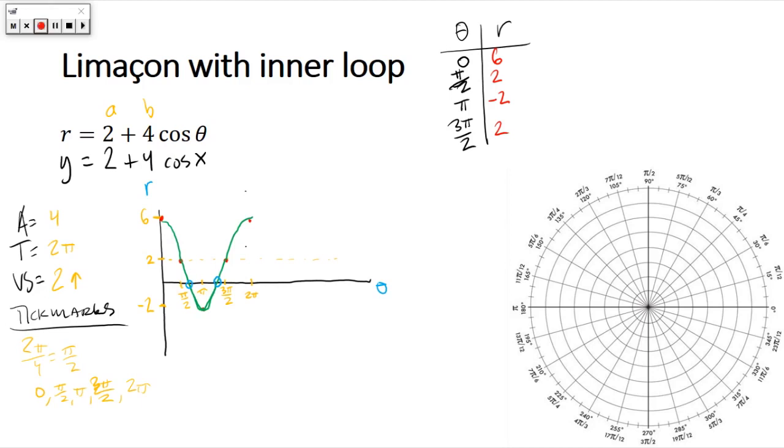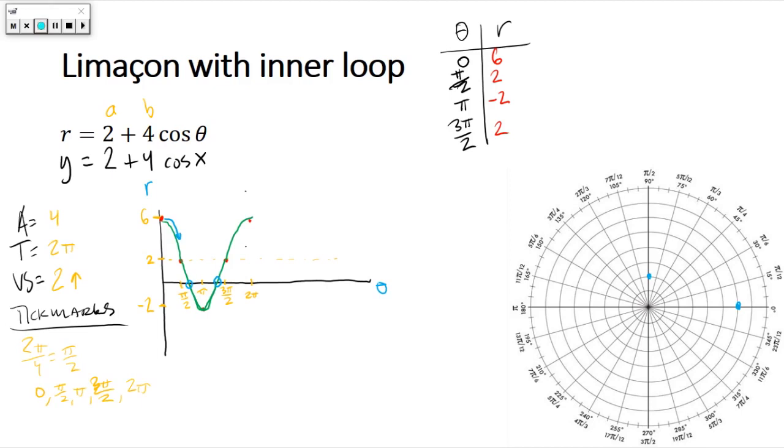So anyway, let's start transferring points over here. The first one we have is 0, 6, so we're going to be looking at 0 and going 6, so we have this point right here. Okay, now as we're moving this way, you'll see that the radius is still positive, but it's decreasing. It's decreasing from 6 to 2, and it is 2 at pi over 2. So if we look at pi over 2 and go 2, we're going to be right here.